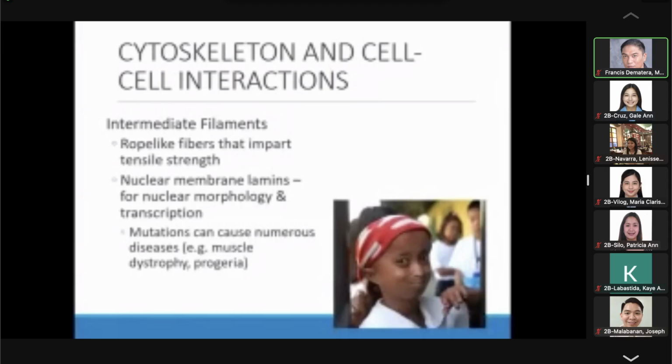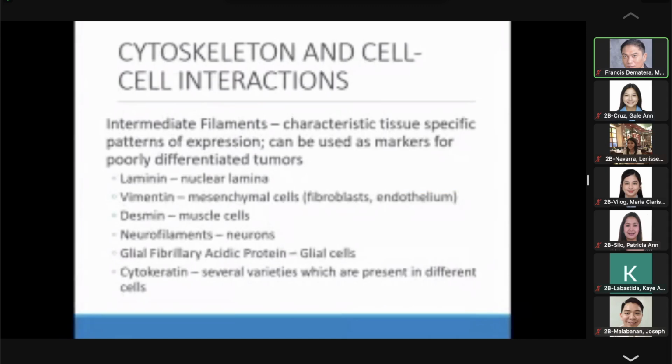So progeria is a disease that involves premature aging, and usually the life expectancy for these patients is up to about 13 years old. So intermediate filaments have characteristic tissue-specific patterns of expression. These can be used as markers for poorly differentiated tumors.